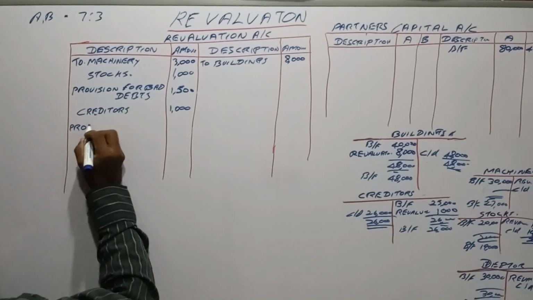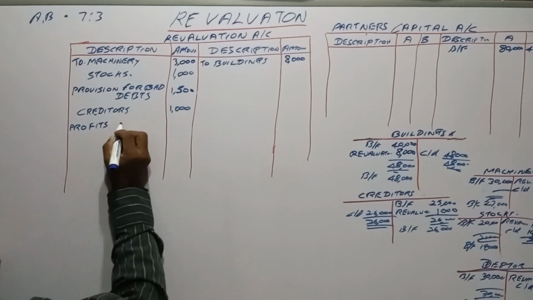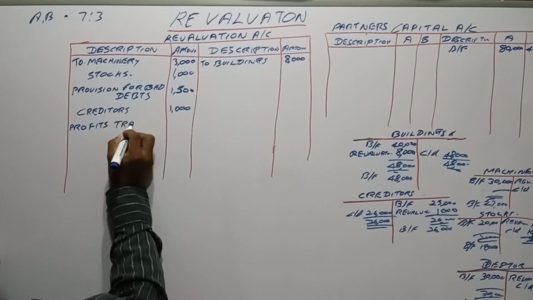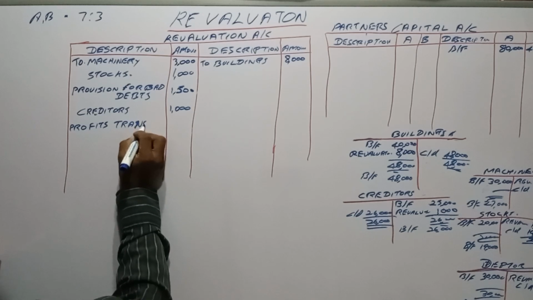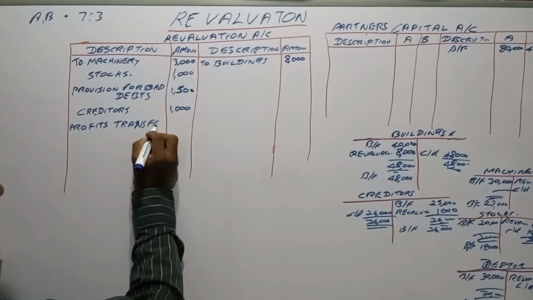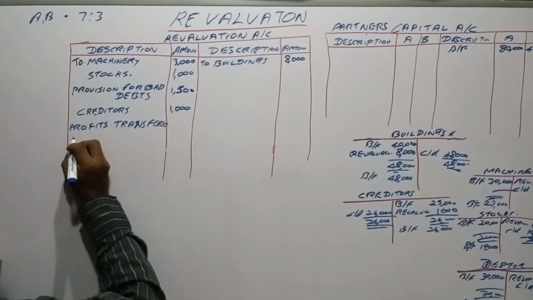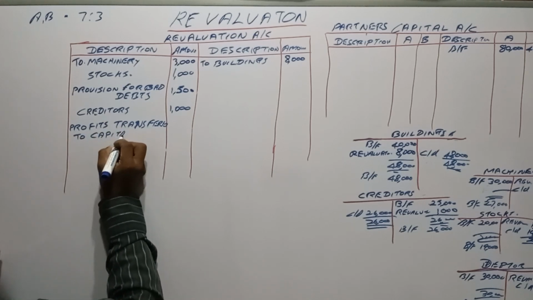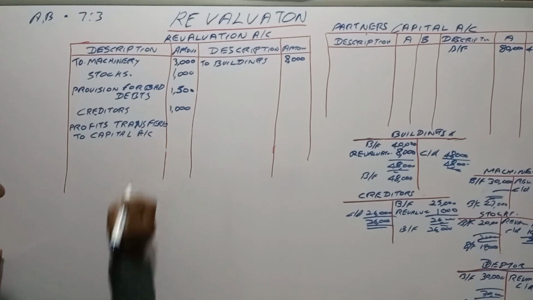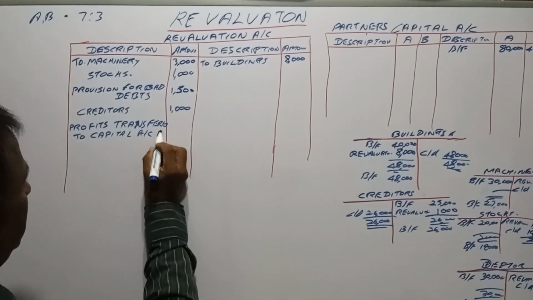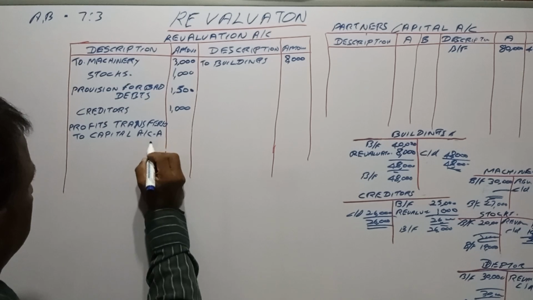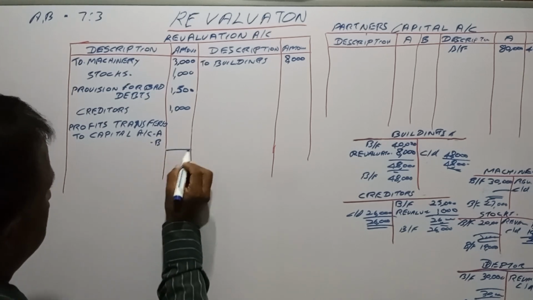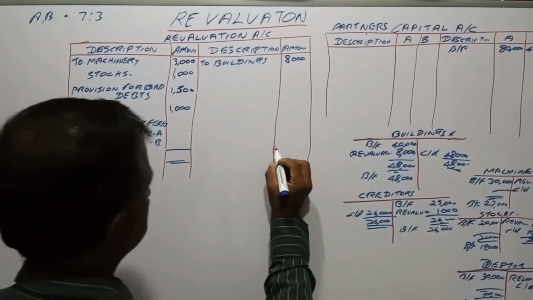Profits transferred to capital account A and B. This you are going to calculate.